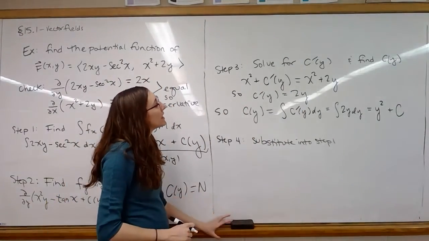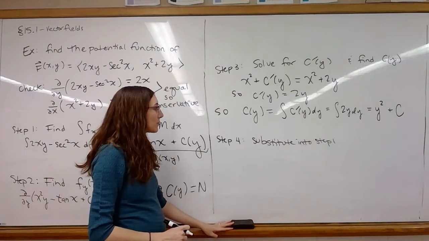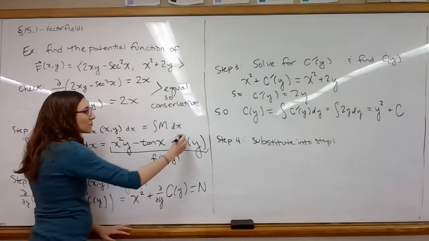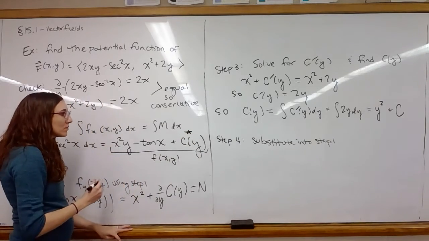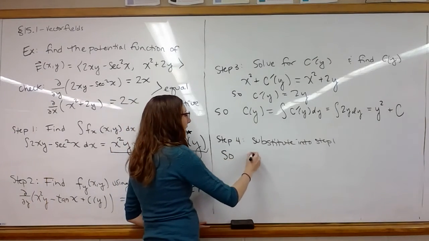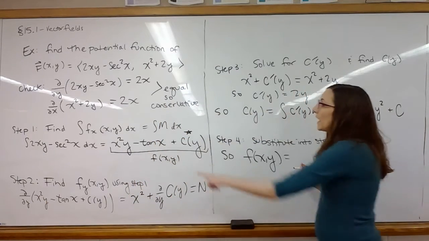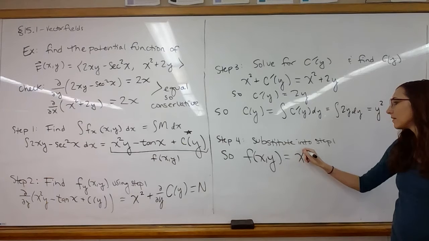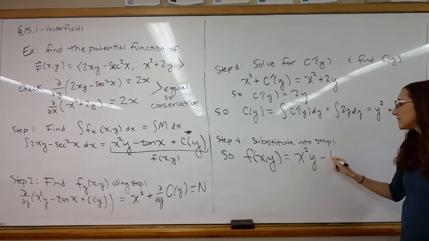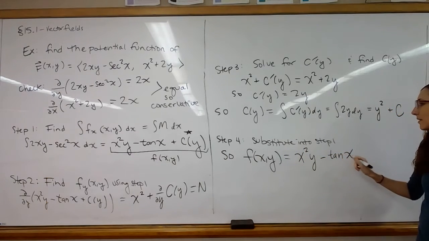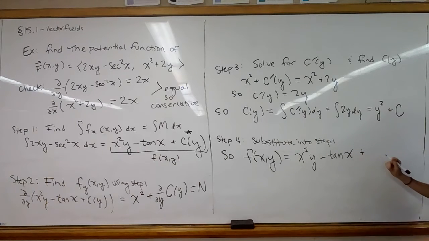So now we've got that c of y is y squared plus c. What we can do now is plug that back in over here. So what we have then is f of x, y. Over here we had x squared y minus tangent of x. And then we have plus the constant function of y, which now includes a y component. We've got strictly y squared plus c.